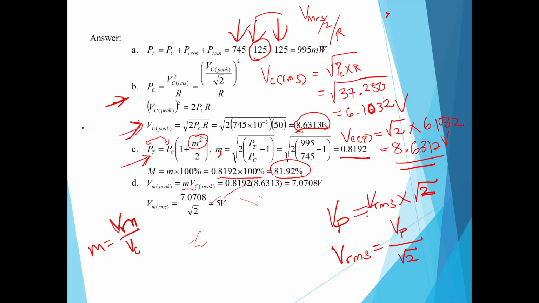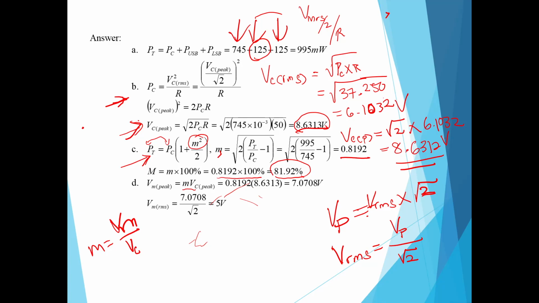Okay, so you get 7 point, okay, and then divide with 2, so you get 3.53. Okay, 3.53 is the peak amplitude for the VLSB and VUSB.